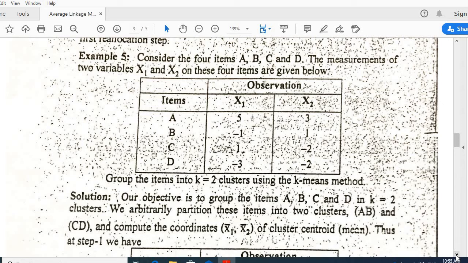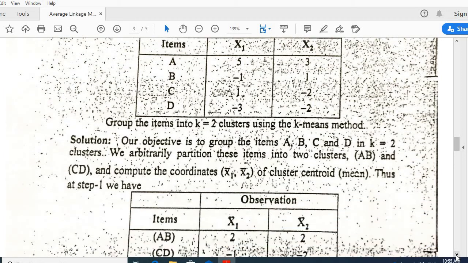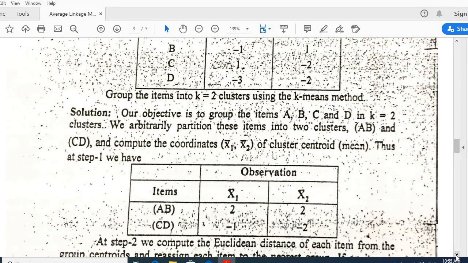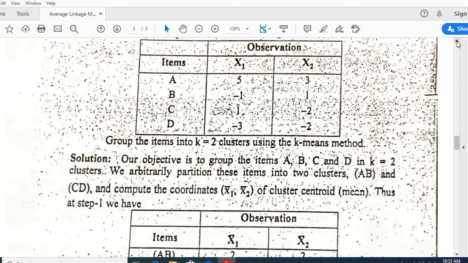अब हम इनके कोऑर्डिनेट्स कंप्यूट करेंगे. Compute the coordinates of the cluster centroids. Thus at first stage we have AB equal to 2. That is how we have obtained AB equal to 2: 5 plus minus 1 is equal to 4, divided by 2 is equal to 2.